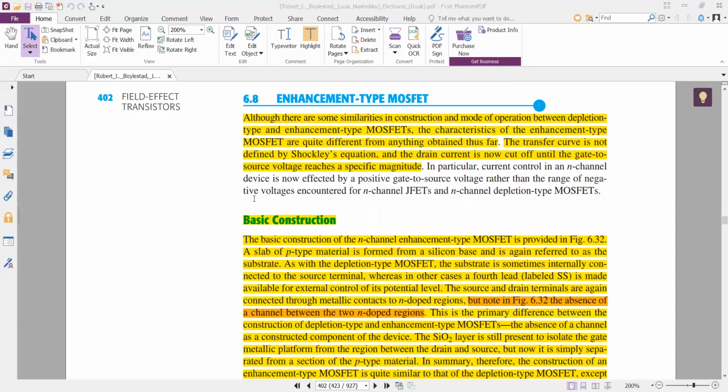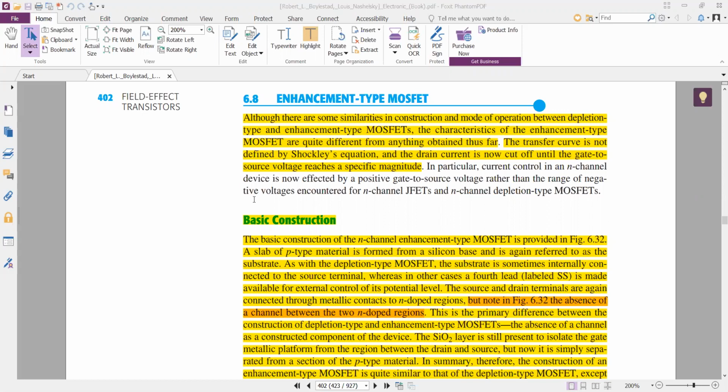The main takeaway from the previous lecture is that in JFET there is only one mode of operation, which is called depletion mode, while in depletion type MOSFET there are two modes of operation present in its working, which are called depletion mode and enhancement mode.